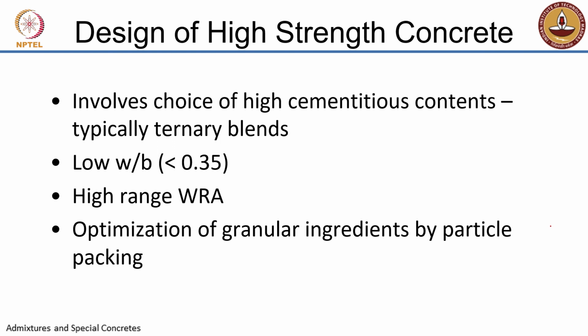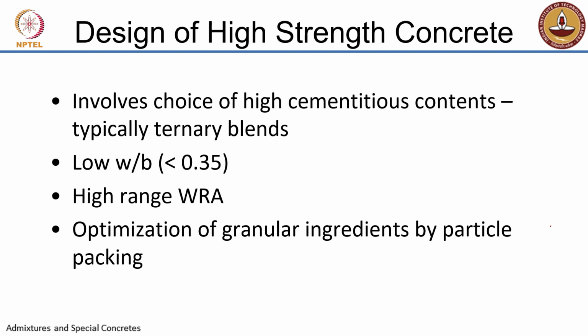So in general, with high performance concrete or high strength concrete, we are looking at blended cementitious materials of very high content. Low water to binder ratio, typically less than 0.35, is chosen for high strength concrete. We have to use a high range water reducing agent because you can't get workability at that water cement ratio if you don't use a high range water reducer.